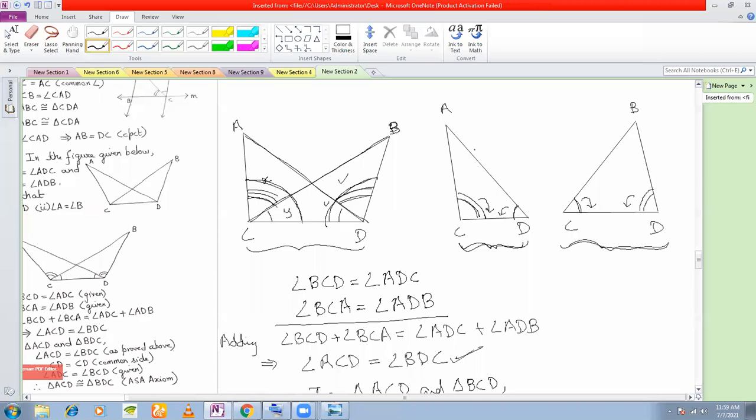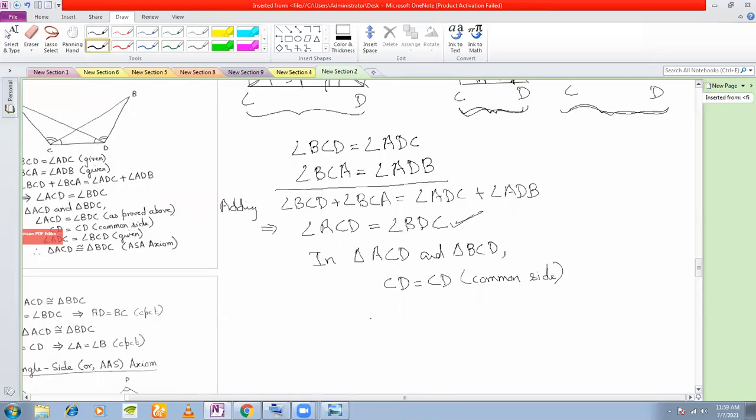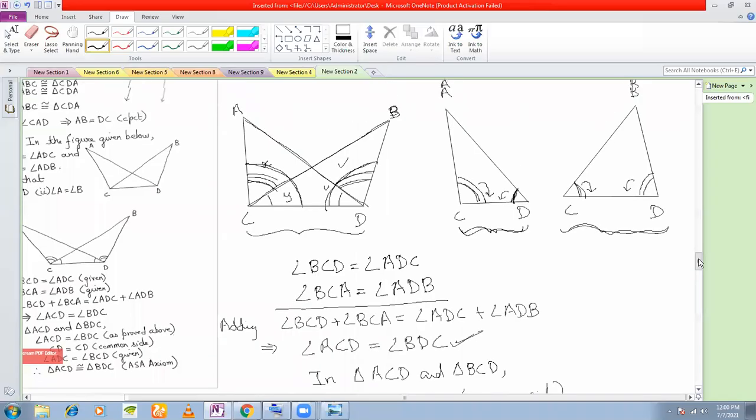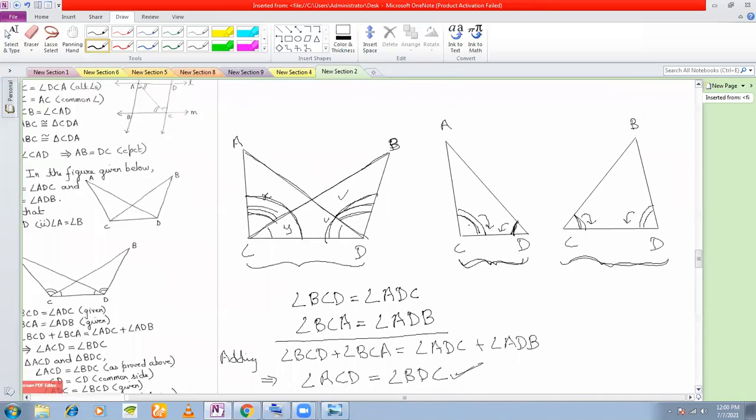We have written triangle ACD first, so we consider this angle here, ACD and BCD. So we write angle ACD is equal to angle BCD. Why are they equal? Because this is already given to you, right? Next, which two angles are equal? This double marked angle here is equal to this angle here, right? Because we have proved this here.